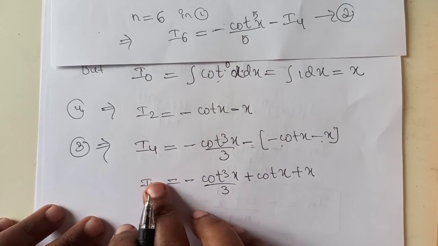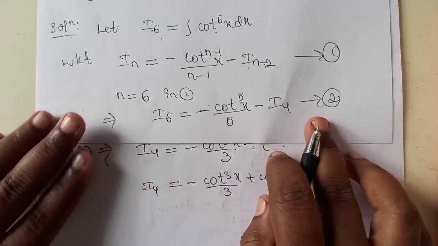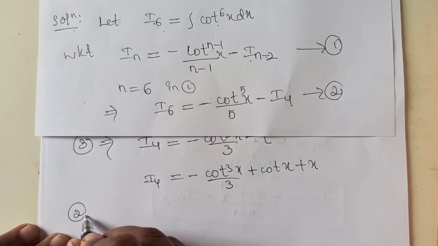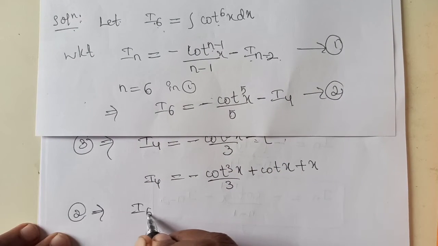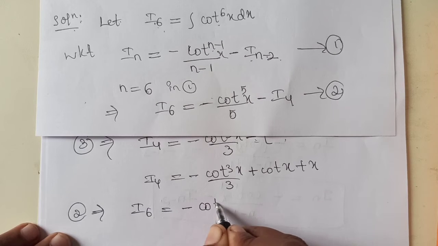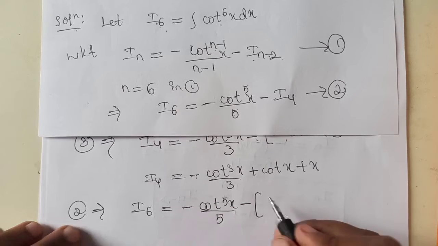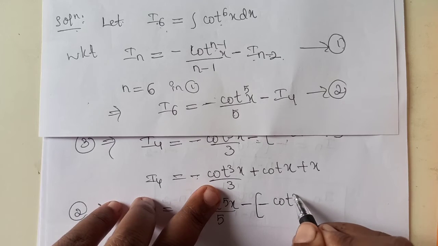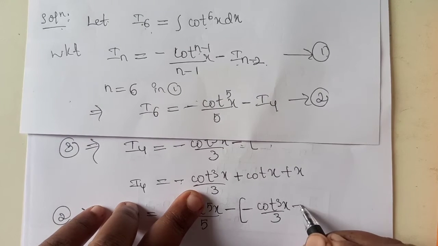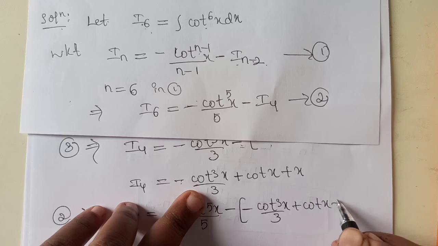Now substituting the I_4 value into equation 2. Equation 2 implies I_6 equals minus cot power 5x divided by 5, minus I_4. The I_4 value is minus cot cube x divided by 3 plus cot x plus x.